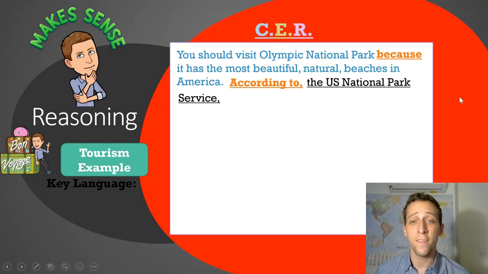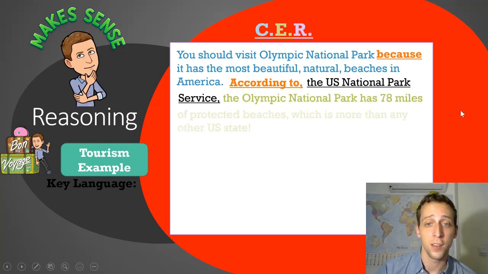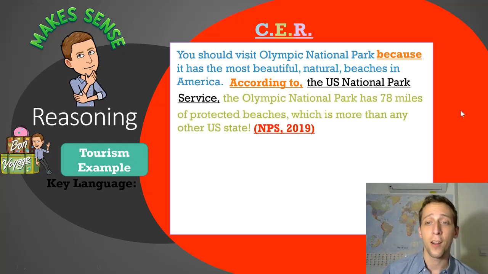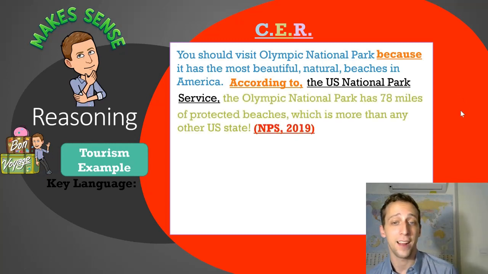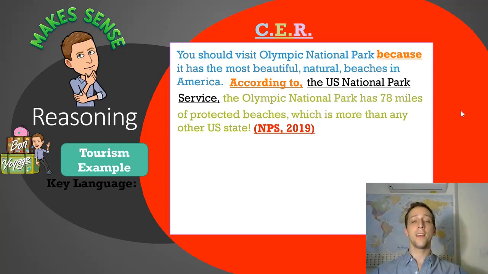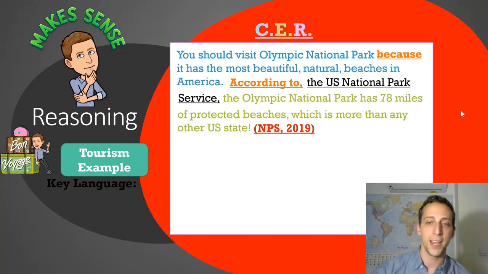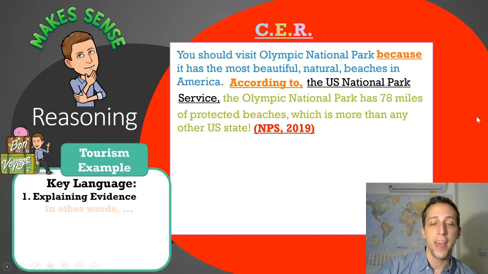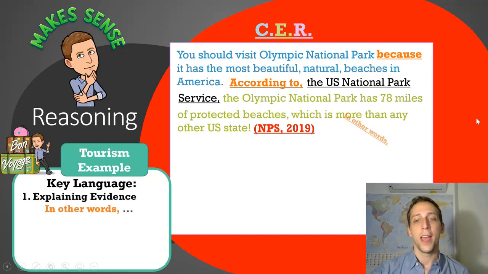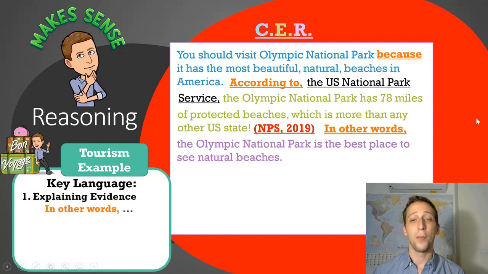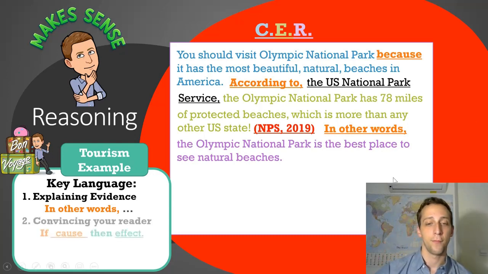According to the National Park Service, the Olympic National Park has 78 miles of protected beaches, which is more than any other US state. Boom, with my citation. Then I use my reasoning. In other words, the Olympic National Park is the best place to see natural beaches. Good.